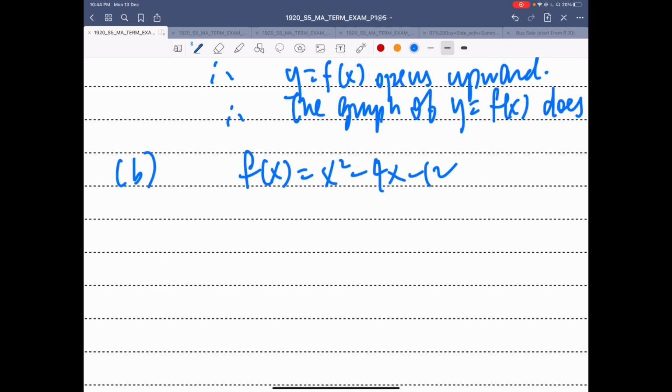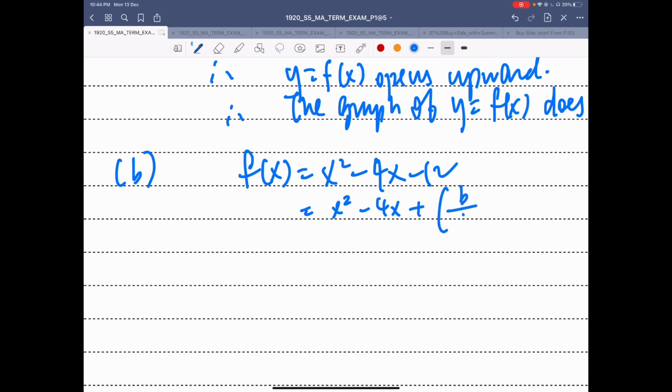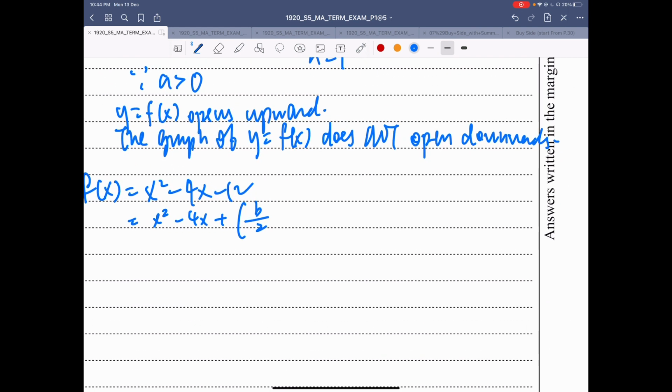Then we will do the completing the square. How do we do it? Recall.